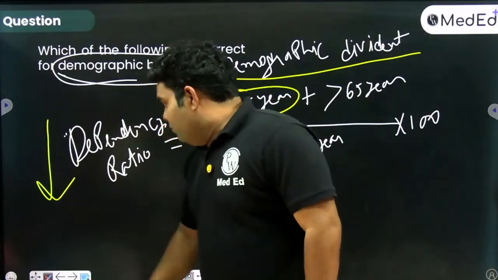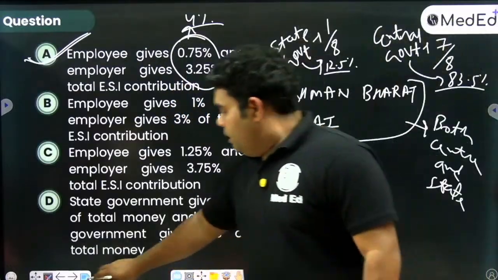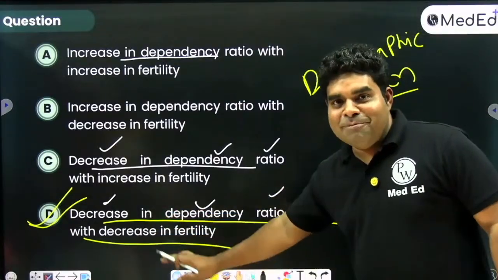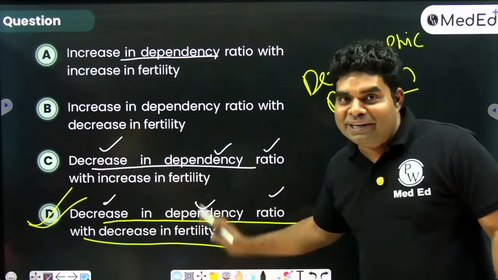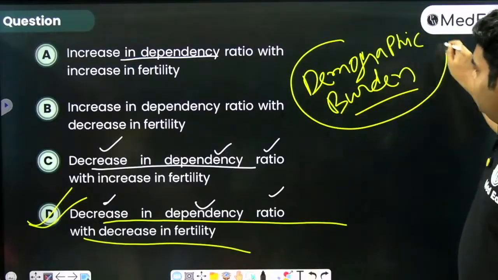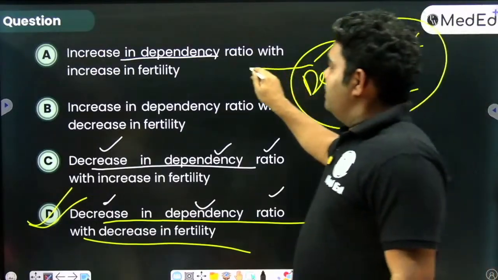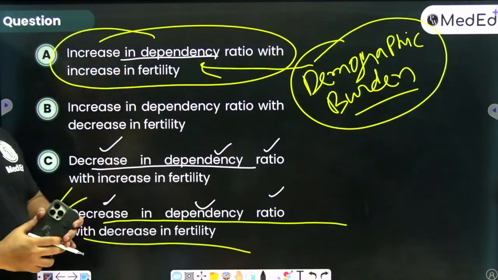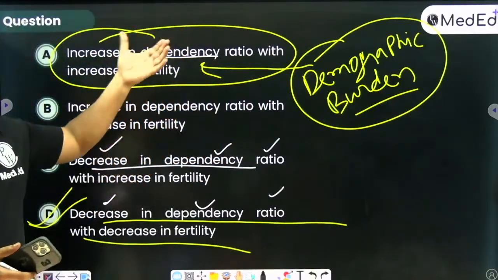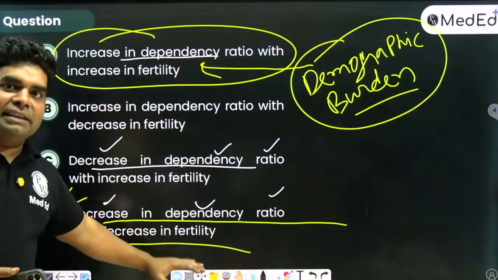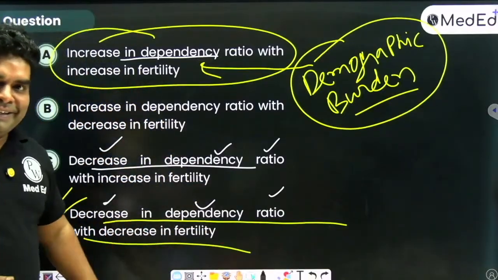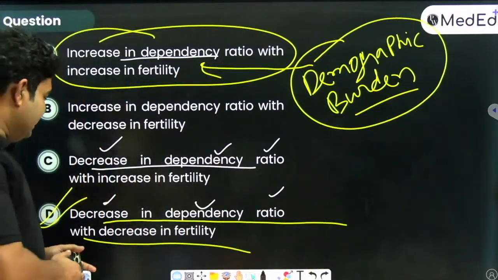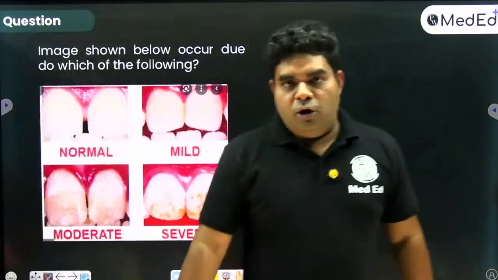So if they talk about bonus, both dependency ratio and fertility rate decrease. And in burden, both increase. So do remember this point. Both increase is burden, both decrease is bonus or dividend. Just like that, you can remember it and you will never be wrong.